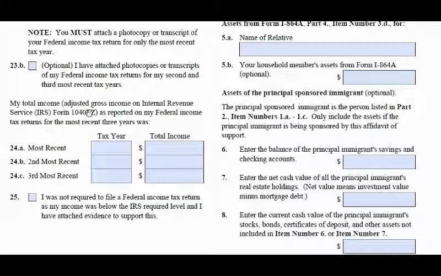My total income, or gross income, on IRS Internal Revenue Service form 1040EZ as reported on my federal income tax return for the 3 most recent years was. So if the most recent one is 2017, then you put 2017, you put the amount, and then you put 2016, you put the amount, then 2015, you put the amount.